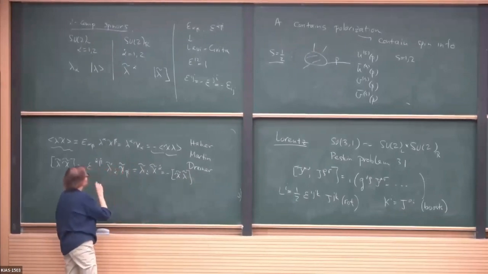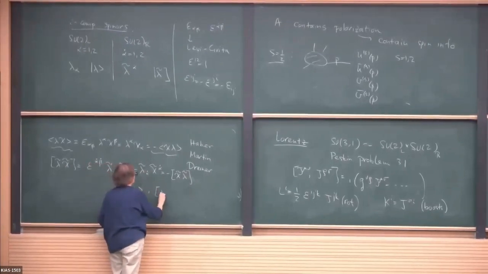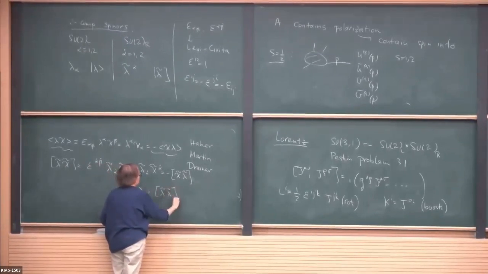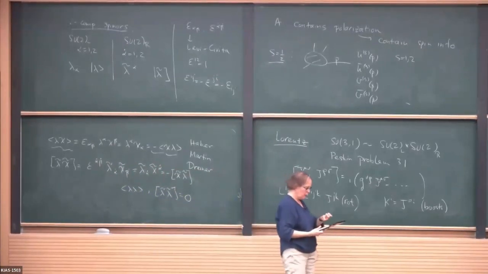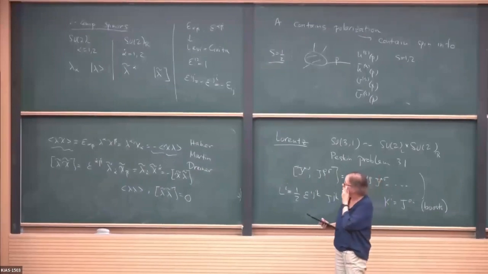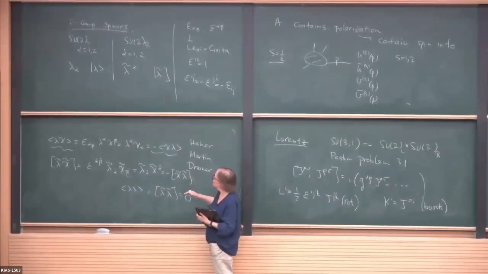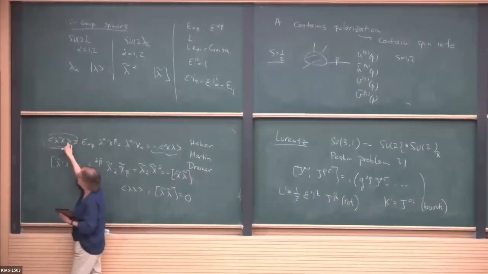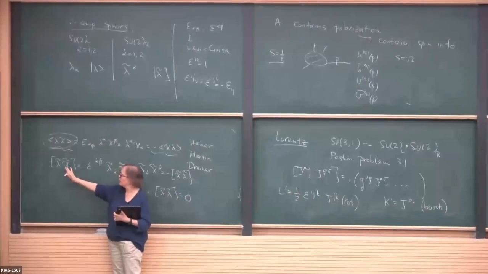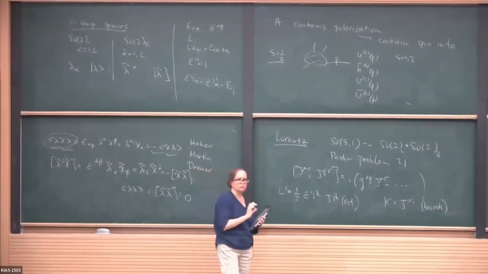The thing to note here is that, of course, lambda with lambda and lambda tilde with lambda tilde both vanish. These spinor products, we're going to call the angle bracket, and this is just the square bracket. These are going to be the basic things with which we'll write the amplitudes.